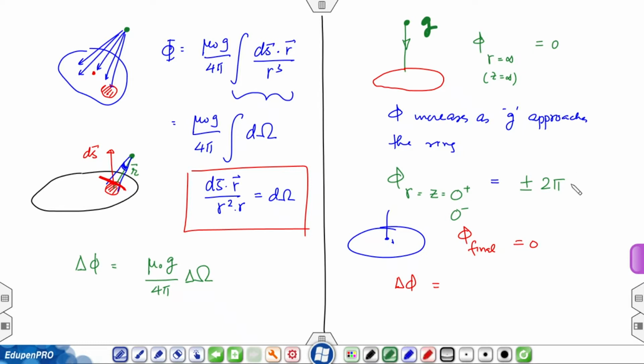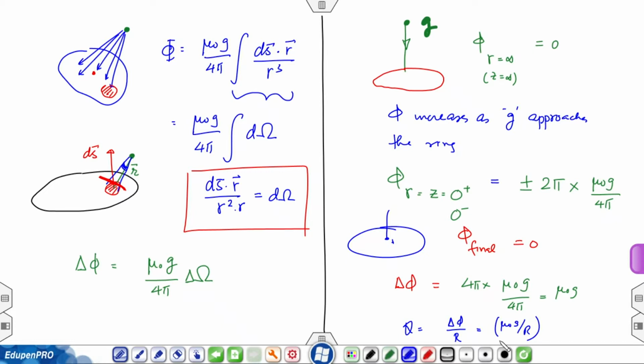Omega is 4 pi times mu 0 g over 4 pi. So, delta phi will be equal to mu 0 g, and therefore, q is going to be delta phi over r equals mu 0 g over r. I am anticipating the answer, giving it to you.